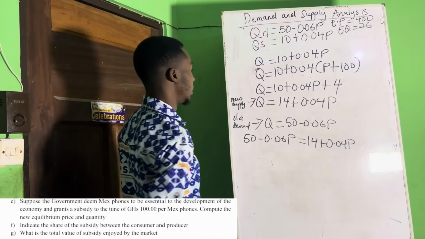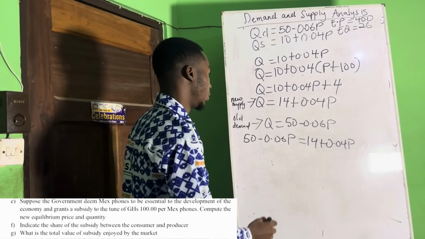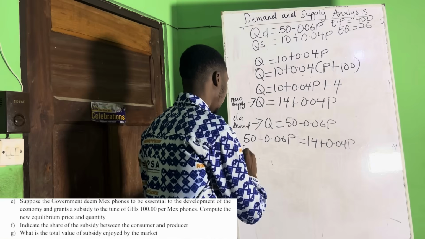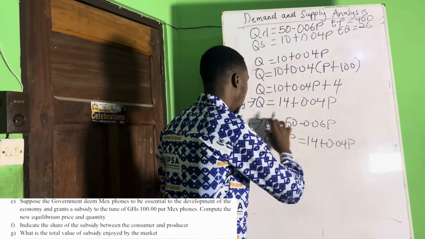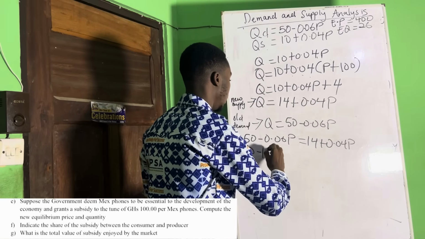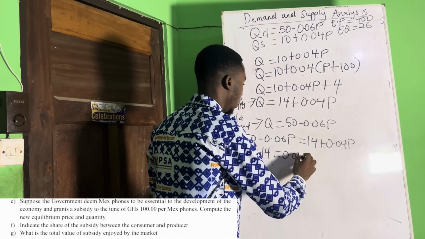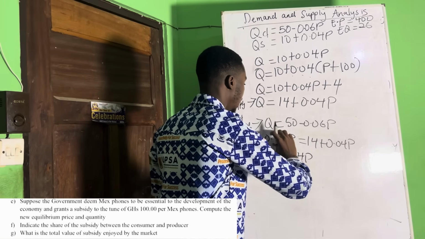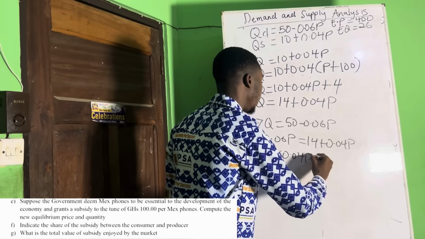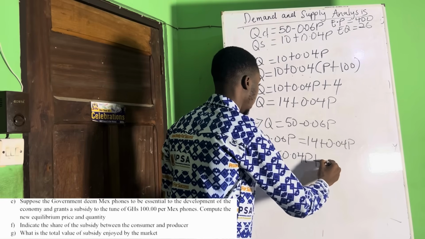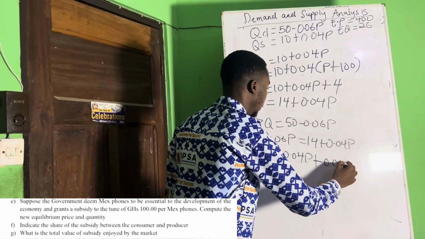Then we make p the subject, just like the first one. So now we are getting 50, then 14 will come here, minus 14, and it's equal to 0.04p. And the negative 0.06p will come here to become positive, so plus 0.06p.